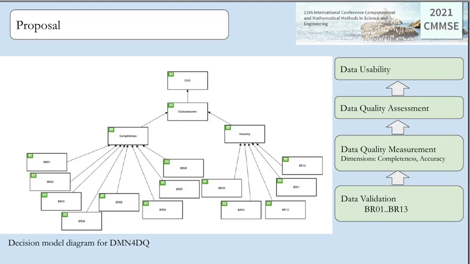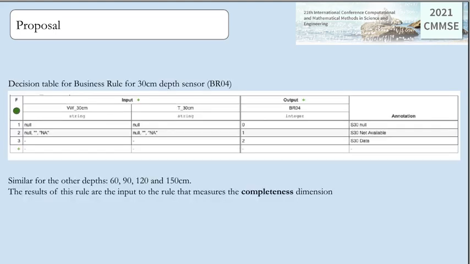In the case of the BR4 to BR8 rules, they refer to the sensor at the different depths, taking the depth sensor and the sampler read of the humidity and temperature.